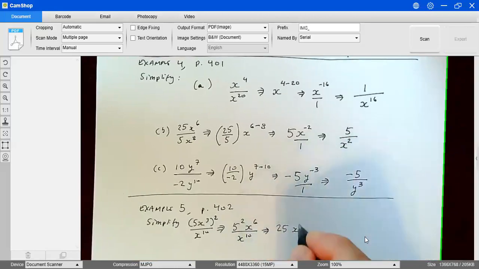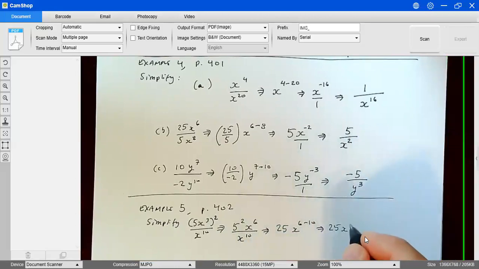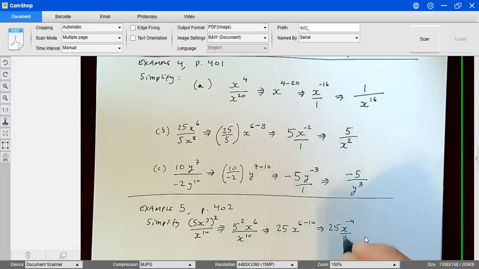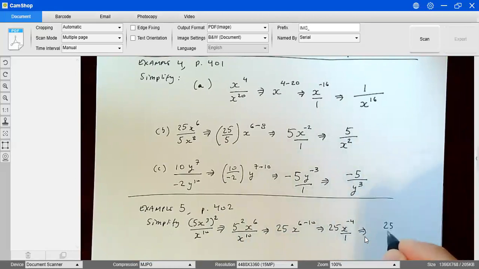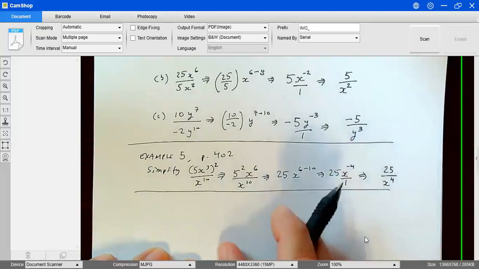So it's going to be 6 minus 10. So this is 25x to the negative 4. So we need to move this x to the negative 4 to the denominator. So we're going to end up with 25 over x to the 4. Okay, that's example 5.